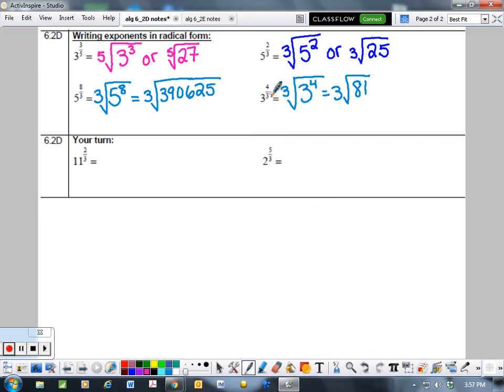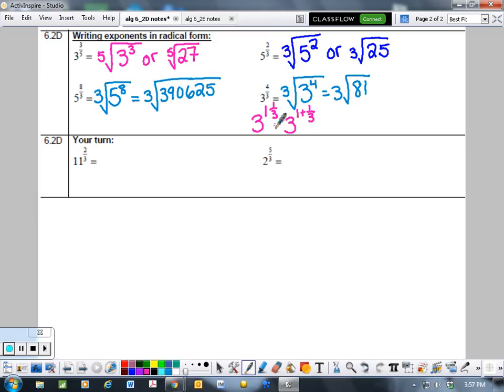So 4/3 is really 1 and 1/3, right, as a mixed number. And I can break this up because this is really 3 to the 1 plus 1/3, which is an exponent rule. And if I use it backwards with exponents, I add exponents when I'm multiplying bases.